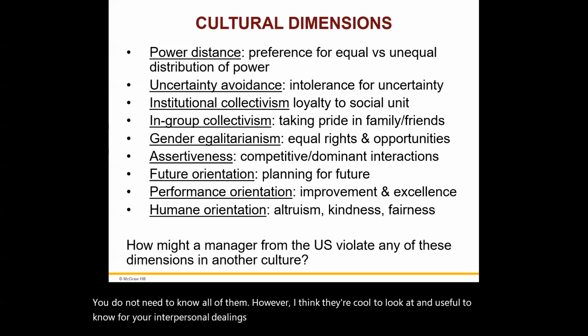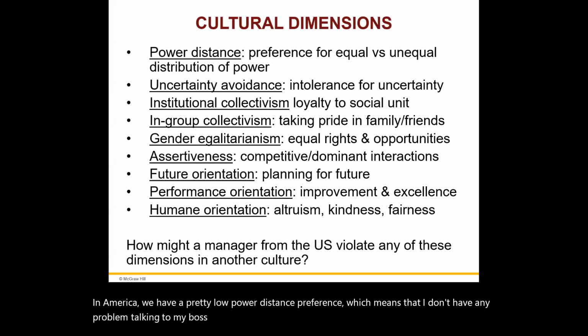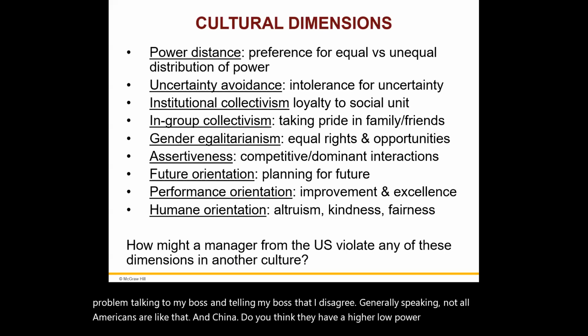The first one here is power distance. One way that people can be different across cultures is their preference for equal versus unequal distribution of power. In America, we have a pretty low power distance preference, which means that I don't have any problem talking to my boss and telling my boss that I disagree. Generally speaking, not all Americans are like that. In China, do you think they have a high or low power distance? High.